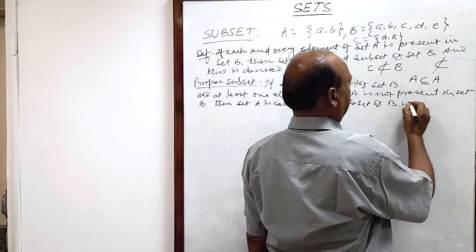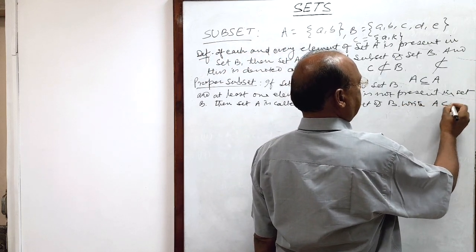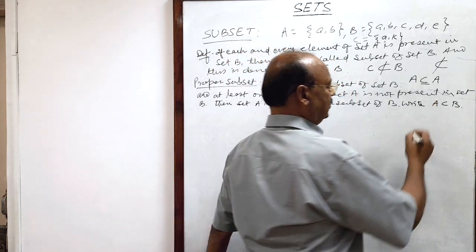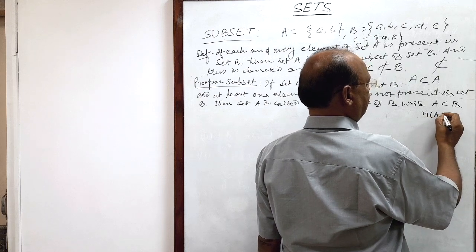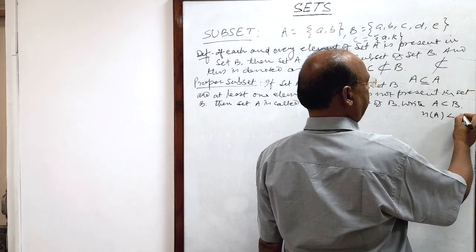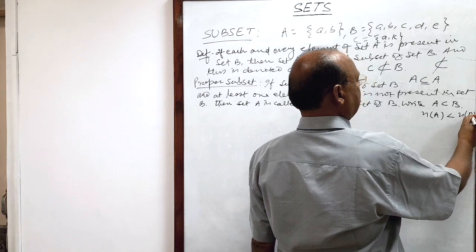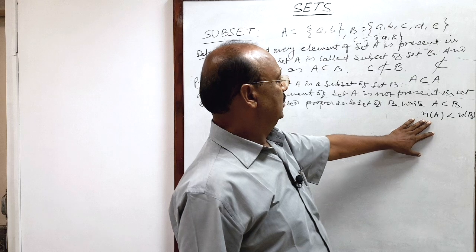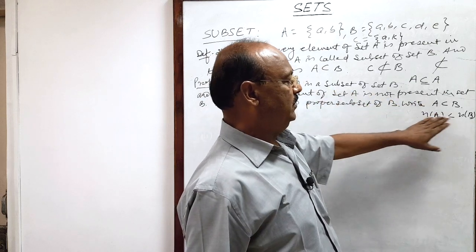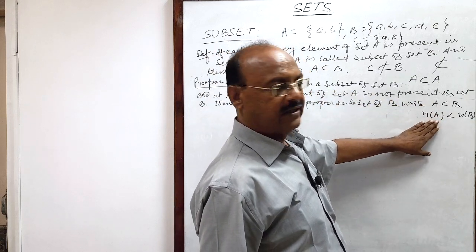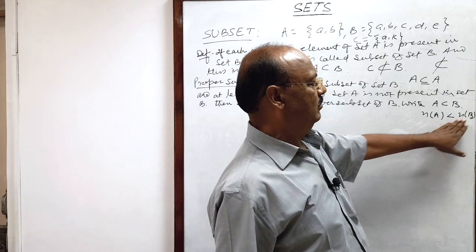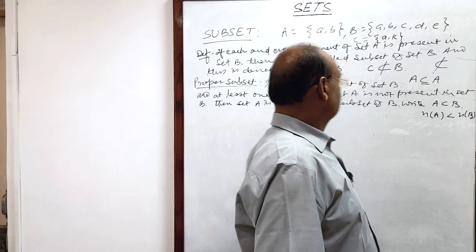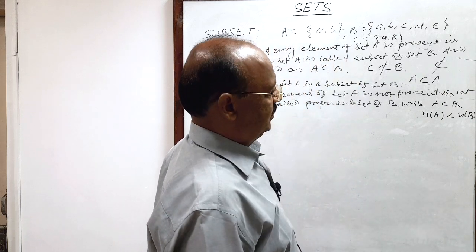Here we write A is a proper subset of B. It also means that n(A) is less than n(B). n(A) means the cardinal number of set A, the number of elements in set A. So in the case of proper subset, the number of elements in set A should always be less than the number of elements in set B. Correct? So this is called proper subset.